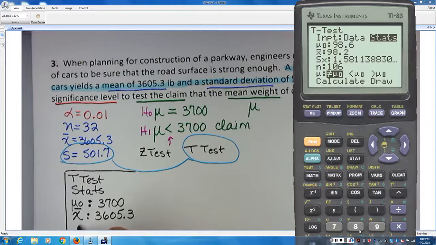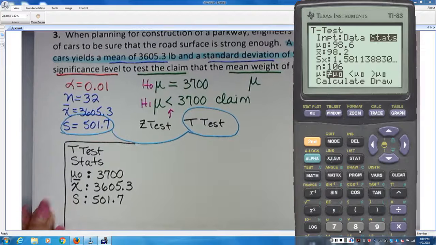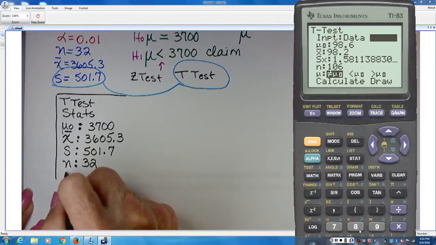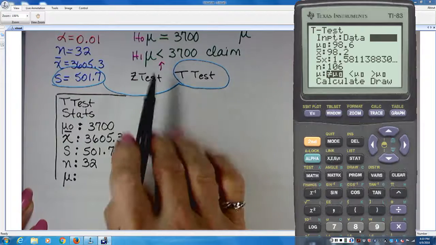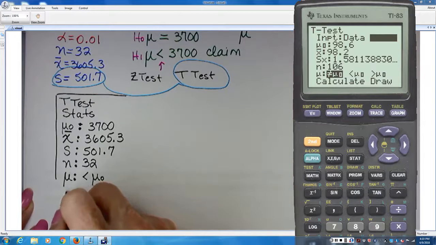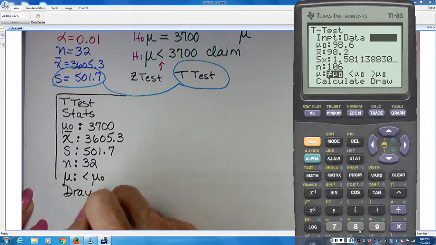The value of the sample standard deviation is 501.7. And our sample size is 32. And then the last thing is, what does H1 say? And H1 says less than. And we'll draw.